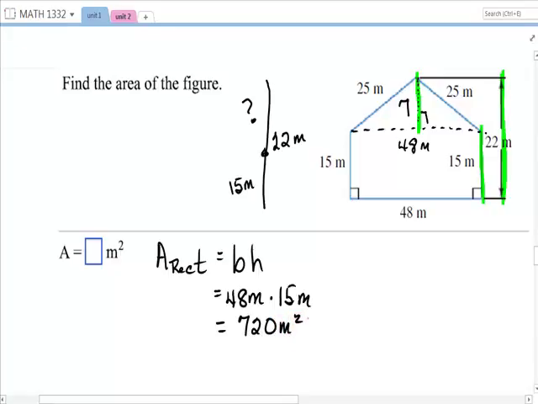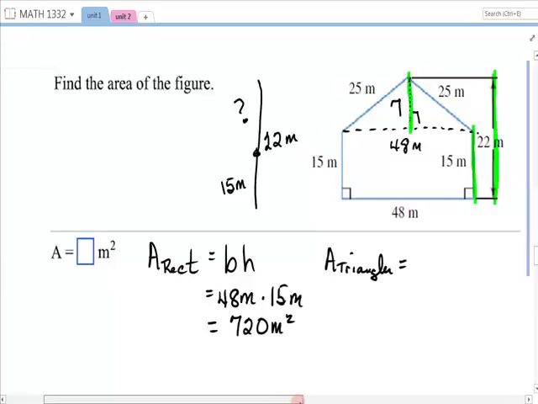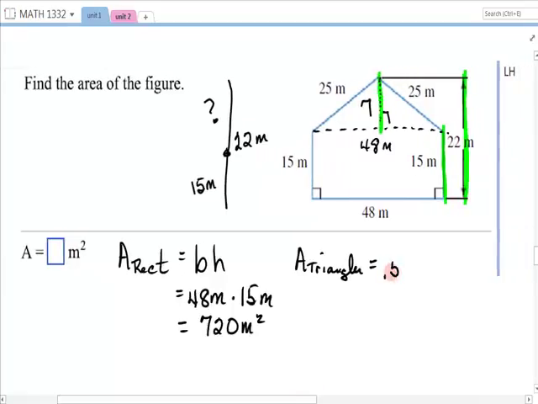That's for the rectangle. Then area of the triangle, I'm going to use the version of the formula 0.5 times base times height. 0.5, what's the base of the triangle? 48 meters. We figured out that the height of the triangle was 7 meters.